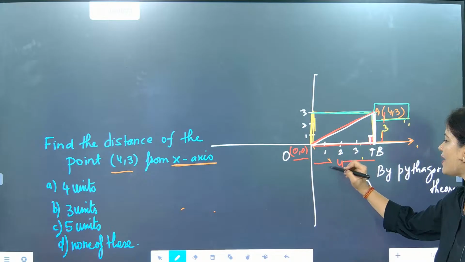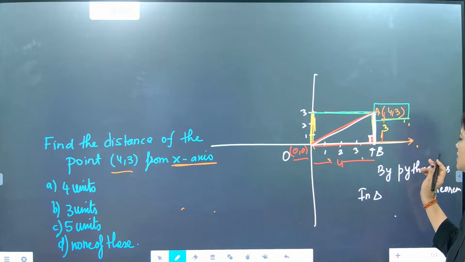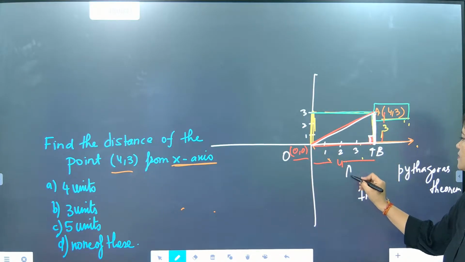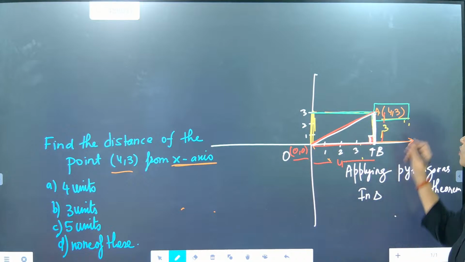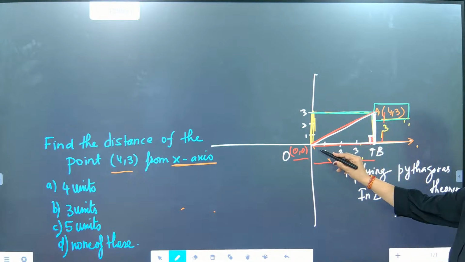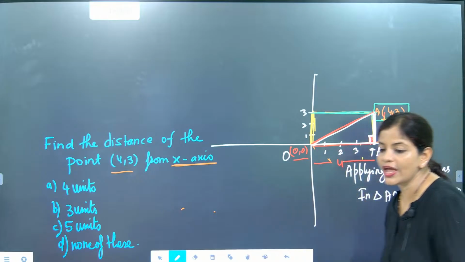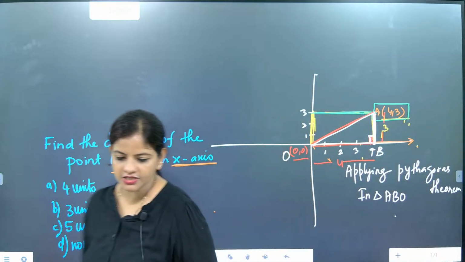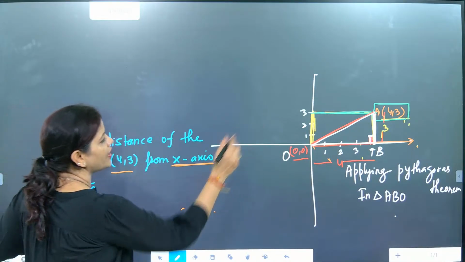so we are applying Pythagoras theorem in which triangle, beta? Applying Pythagoras theorem in triangle ABO. Then beta, which side is hypotenuse? OA becomes the hypotenuse.